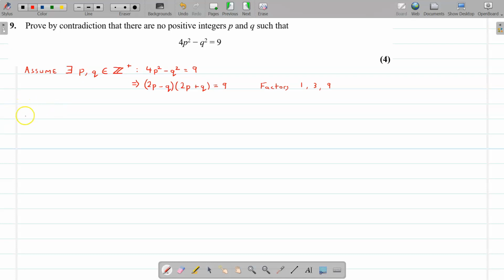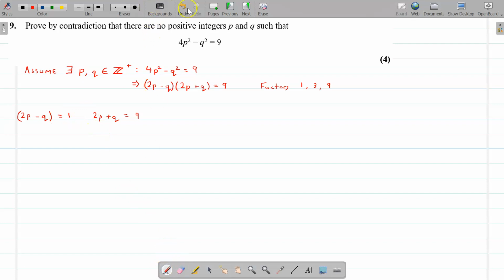And we've got a factorization here, two numbers to multiply together to give 9. So it follows that 2p minus q could be equal to 1, and 2p plus q could be equal to 9. That would be one set of solutions, because 1 times 9 is 9.